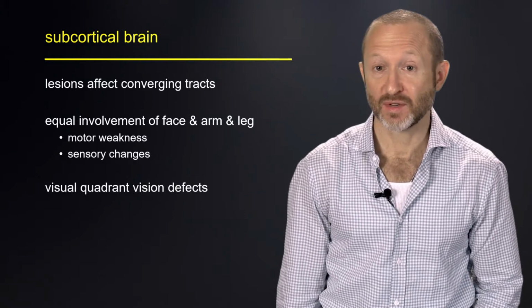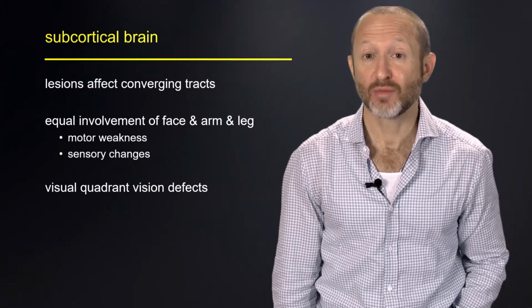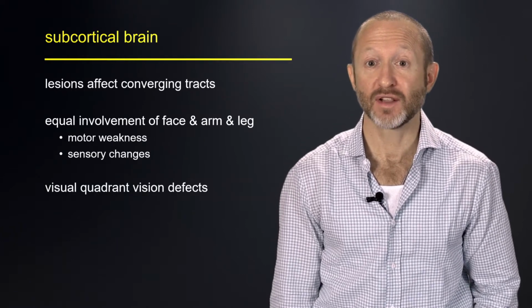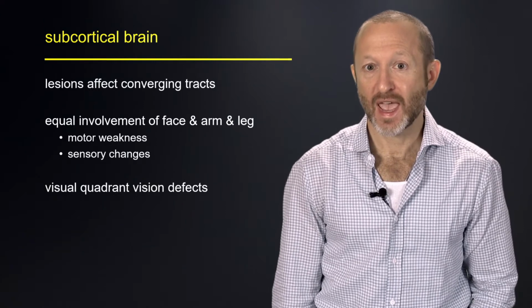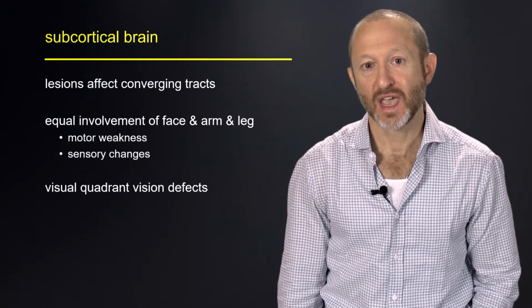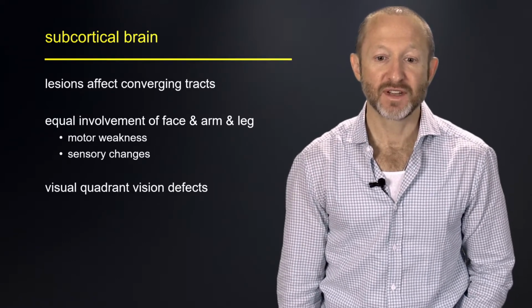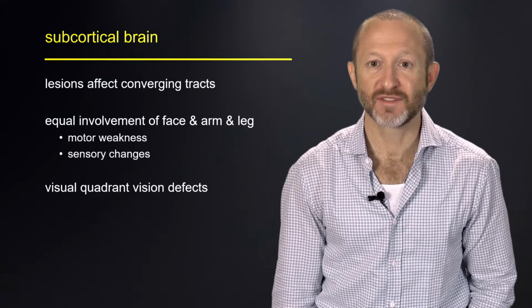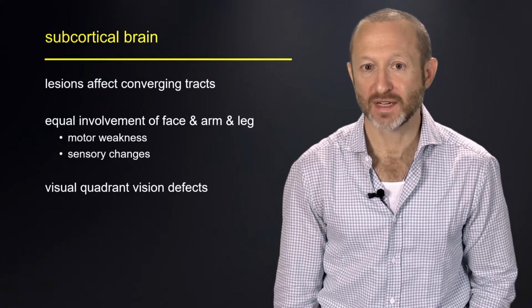The subcortex also contains the ascending sensory fibers that will coalesce and terminate on the postcentral gyrus of the parietal lobe. Lesions that are deep in the subcortex, therefore, have the ability to equally affect the face, the arm, and the leg in regard to both sensory and motor modalities. So we often expect that subcortical lesions will produce face equal to arm equal to leg, motor and sensory abnormalities.